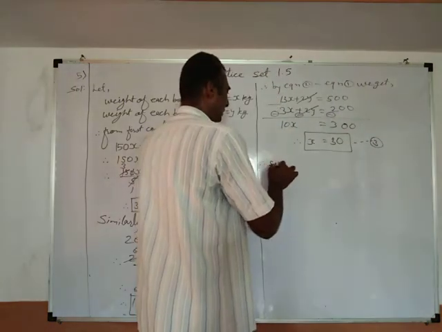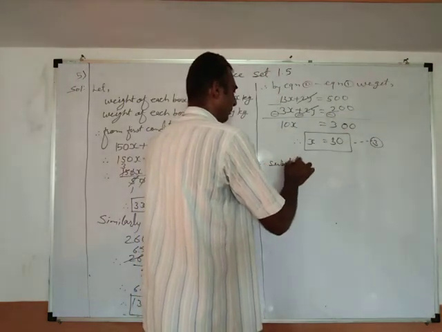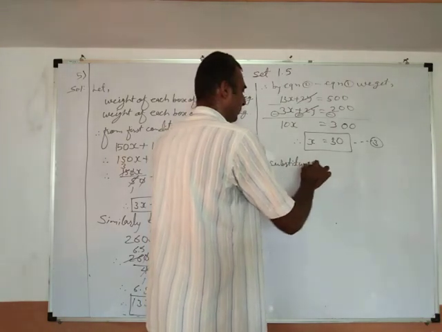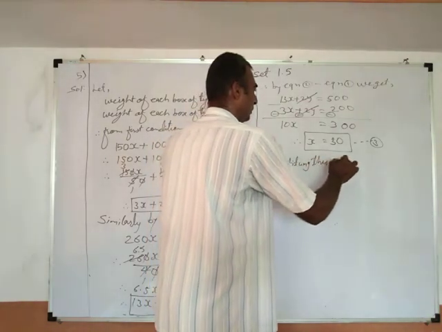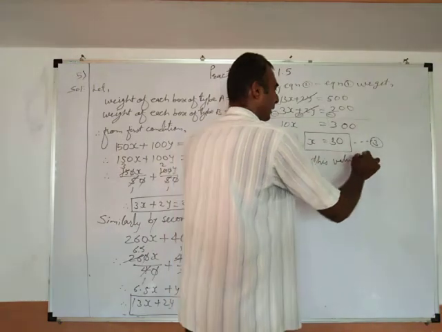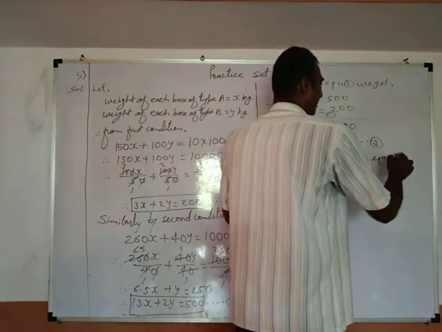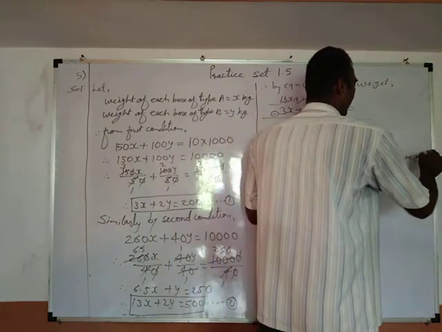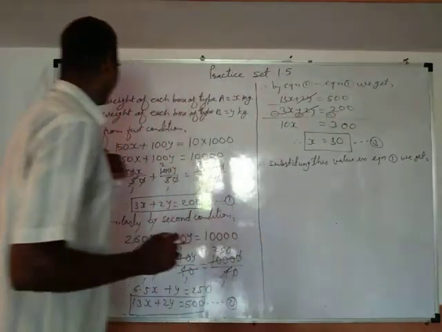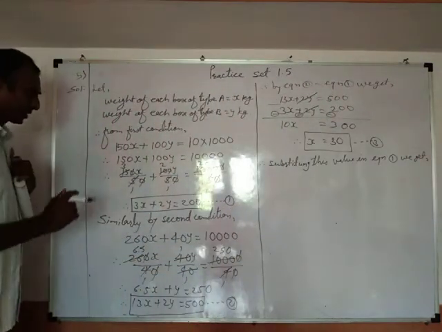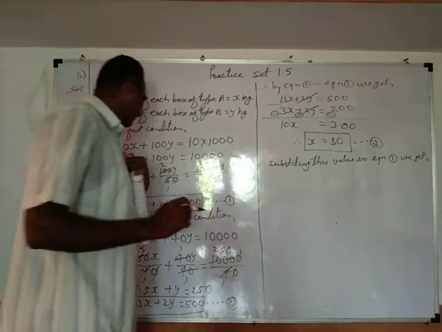Therefore, substituting this value in equation 1, we get the value of x is 30, and equation 1 is 3x plus 2y equals 200.